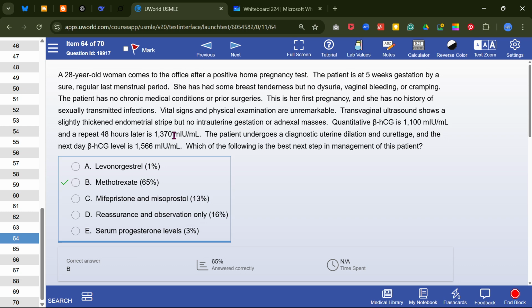So this increase is not more than 35%; it should be more than 35%.